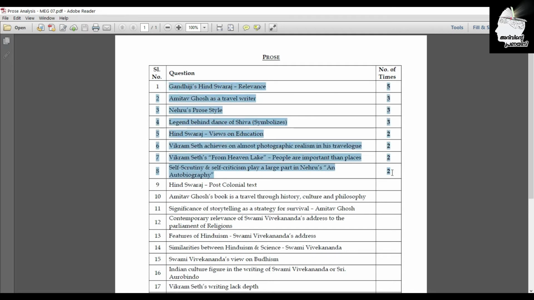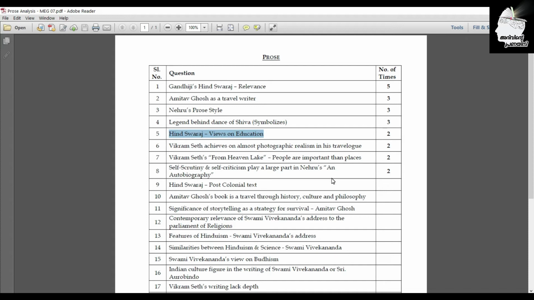Some of the questions have repeated several times, so you must at least go through all of these. That means Gandhiji's Hindu Swaraj, which is an important topic. Collect some information concerning Hindu Swaraj, Hindu Swaraj as a post-colonial text, and also Hindu Swaraj's view on education.